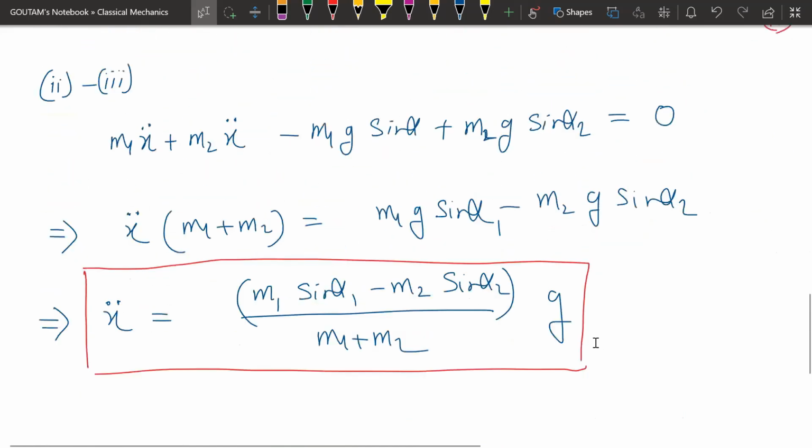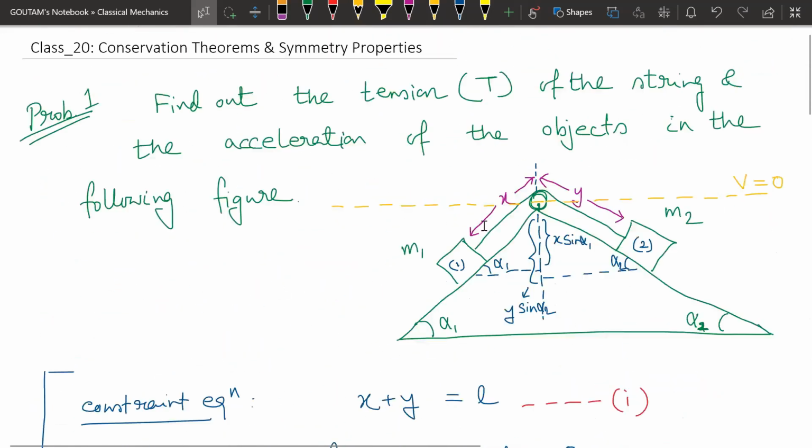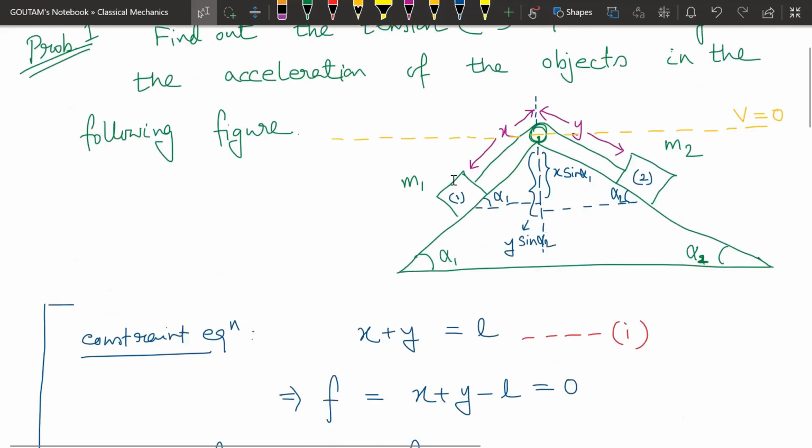Now let's find out the tension. So how do we find out the tension of the string? This tension is basically a constraint force. It is a force due to this constraint equation, because the length of this rope is fixed.